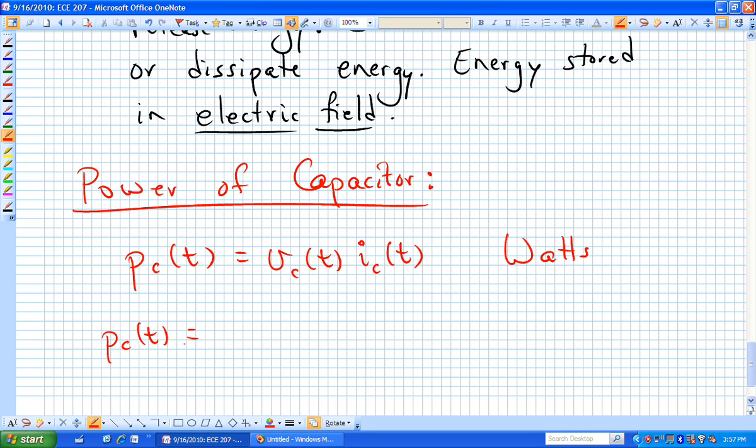If we now plug in the current voltage relationship for current, we could say, oh, this is V sub C of t, times I sub C, which was created from this, C dV sub C of t dt. But what is C times V?